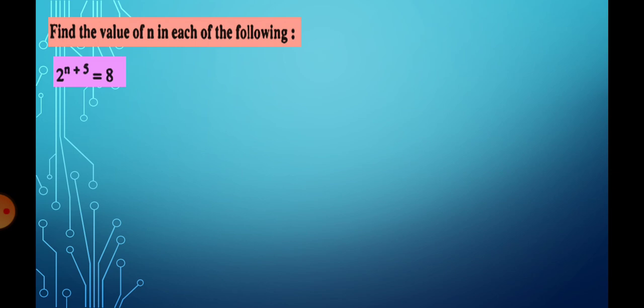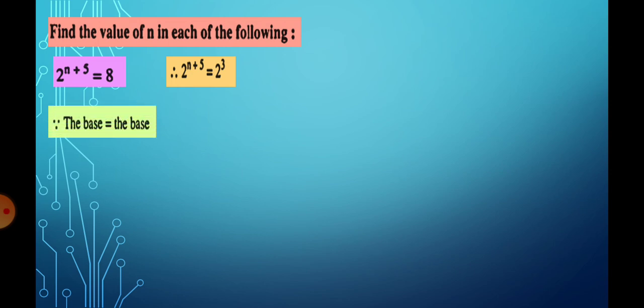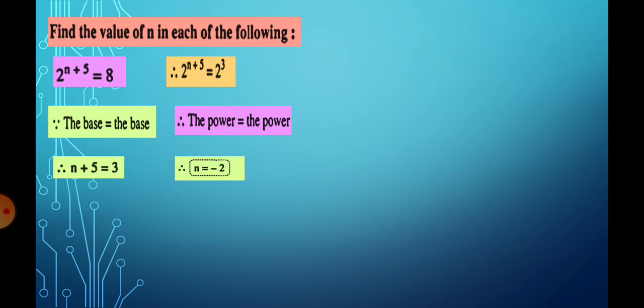We know 8 equals 2 times 2 times 2, so we can write 8 in the form 2 to the power 3. Here the base equals base, then the two powers are equal. Then the equation n plus 5 equals 3, then n equals 3 minus 5, n equals negative 2.